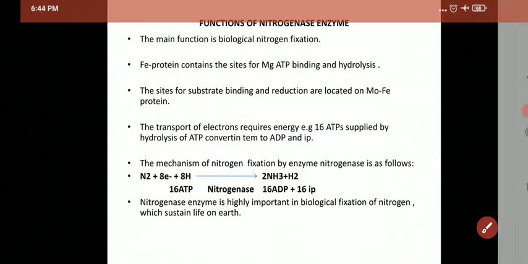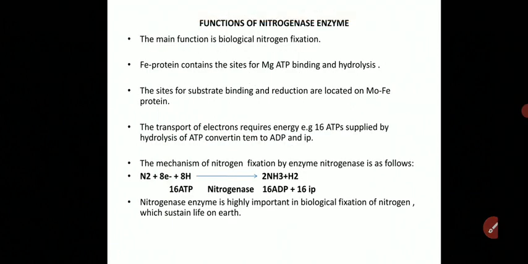Now, the reaction of nitrogen fixation is catalyzed by nitrogenase enzyme, which converts atmospheric nitrogen to usable ammonia for the plant. In short, this enzyme is highly important in biological fixation of nitrogen, which sustains life on Earth. The transport of electrons requires high energy, for example 16 ATP, supplied by hydrolysis of ATP, converting them into ADP and Pi.